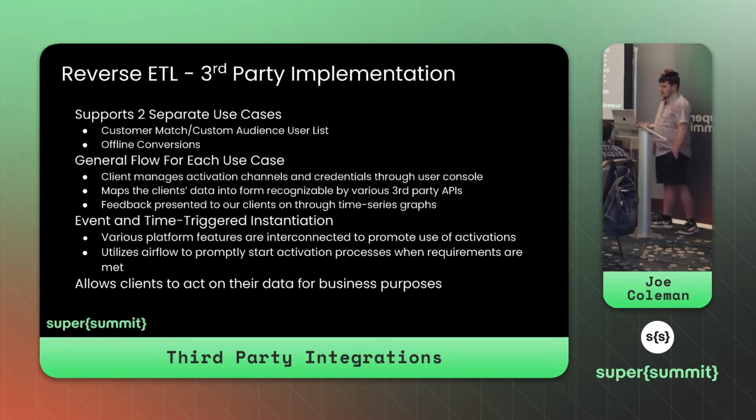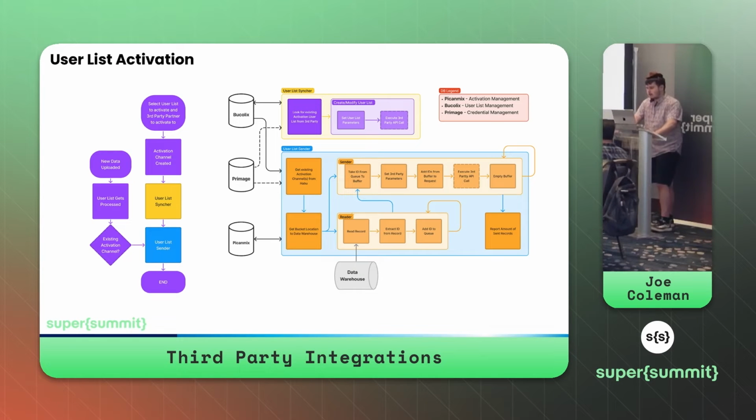Essentially, it's a pretty prompt process as well. We use Airflow to manage when these jobs are occurring and to keep logs and track them. So for clients, it allows them to act on their data for business purposes, in most cases, marketing. So this is the general activity flow of what we do.